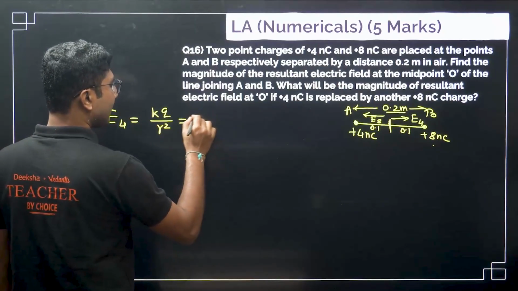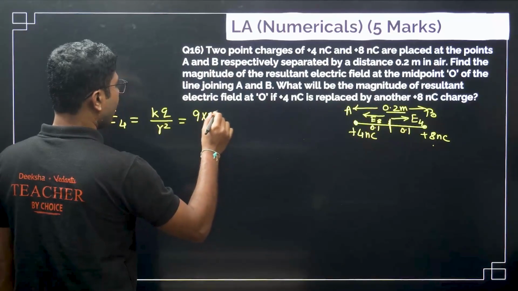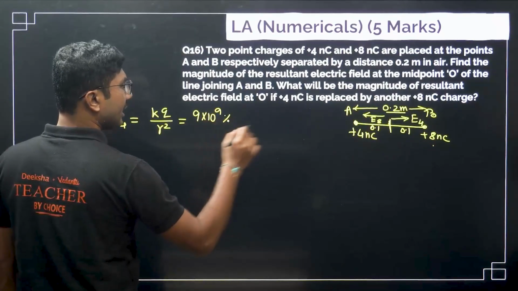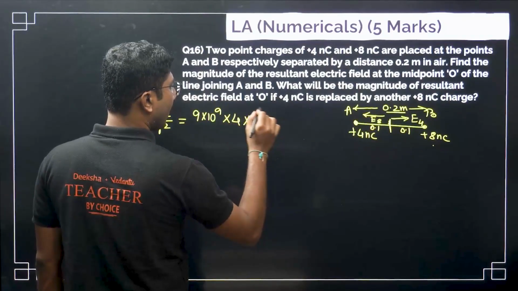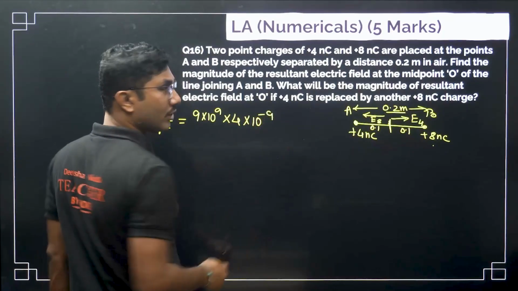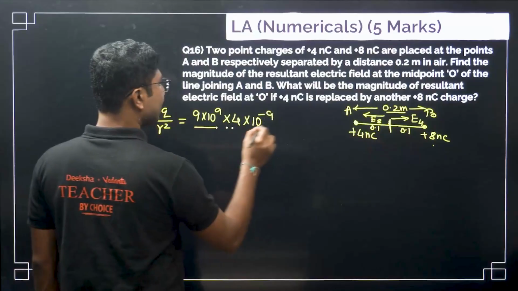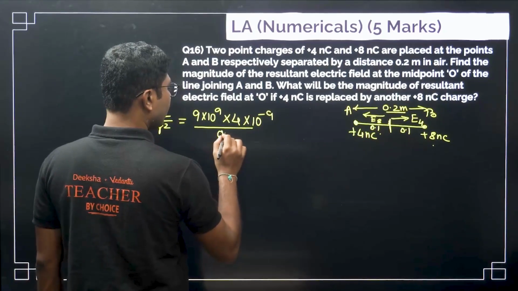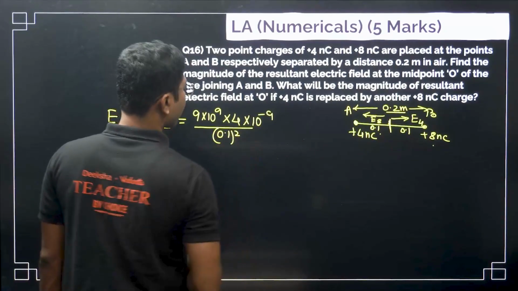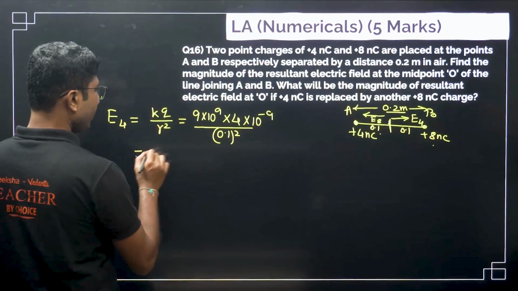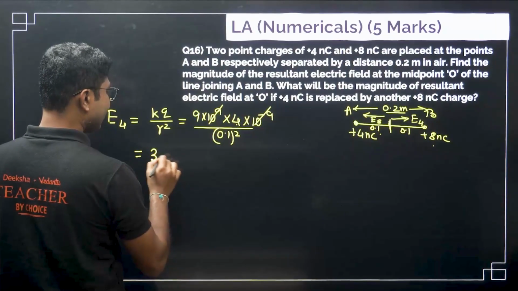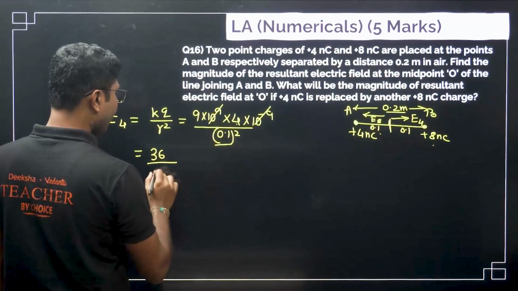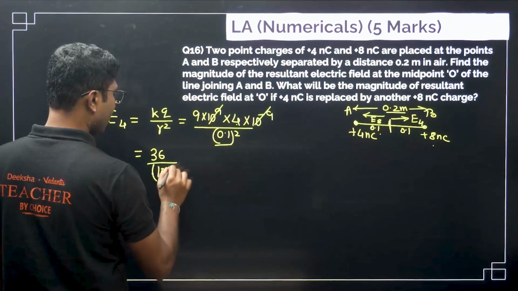So k is 9 into 10 to the power of 9, Q is 4 nanocoulomb, so 4 into 10 to the power of minus 9, nanocoulomb means minus 9. What is distance? Distance is 0.1, so 0.1 whole square. Okay, so it cancels, 4 9s are 36, divided by 0.1 means 10 to the power of minus 1 whole square.